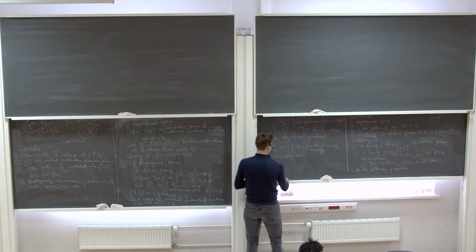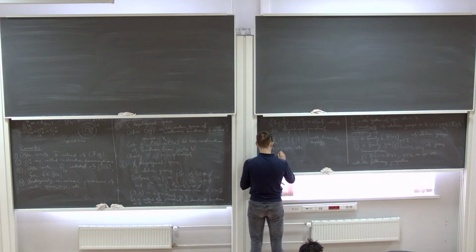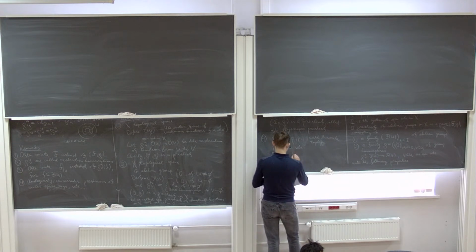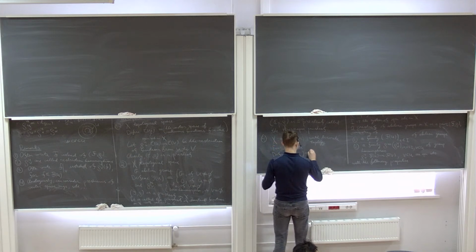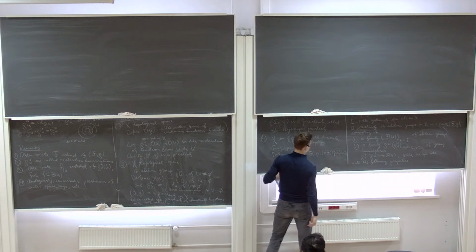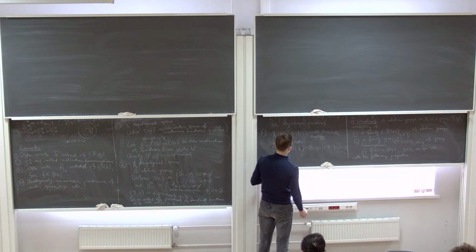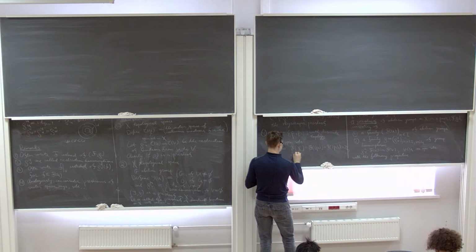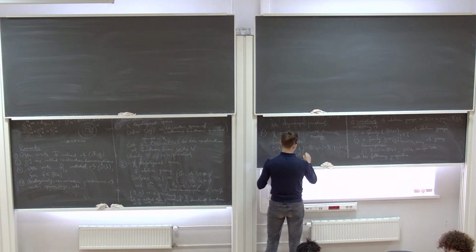And then you can, for example, define F(X), F(P1), F(P2) to be, for example, Z, and F of the empty set is 0.